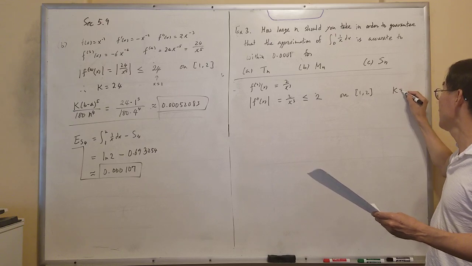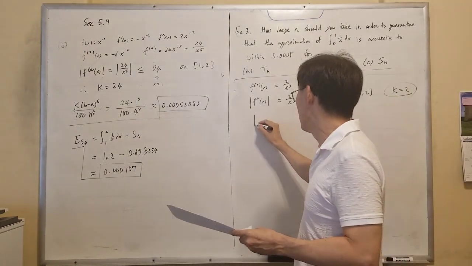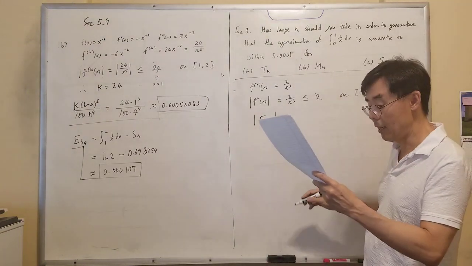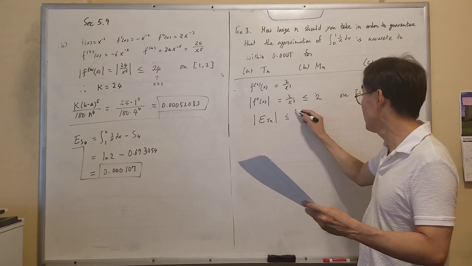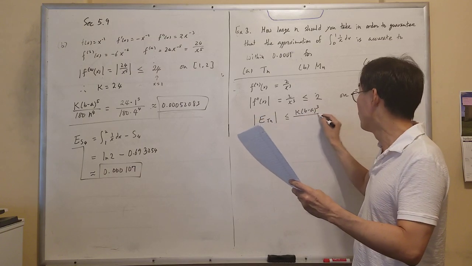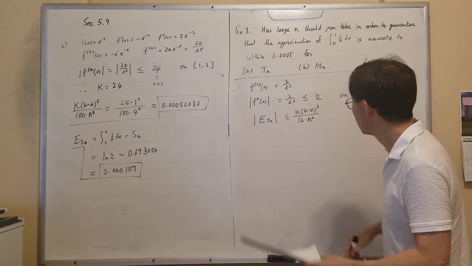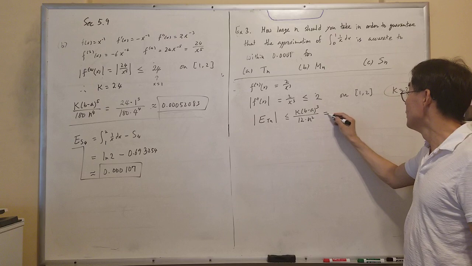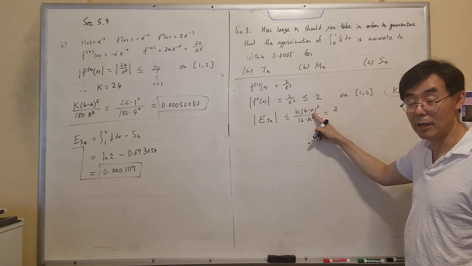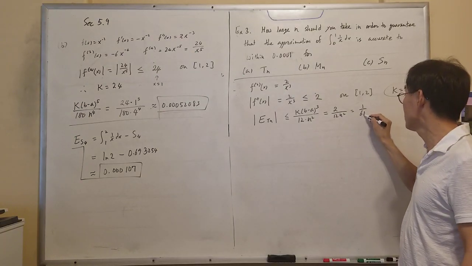This is our k value. And then the largest possible error from theorem 1 was k times b minus a to the 3rd power over 12 n squared. In this case, 2 and 1, over 12 n squared. So 1 over 6 n squared.